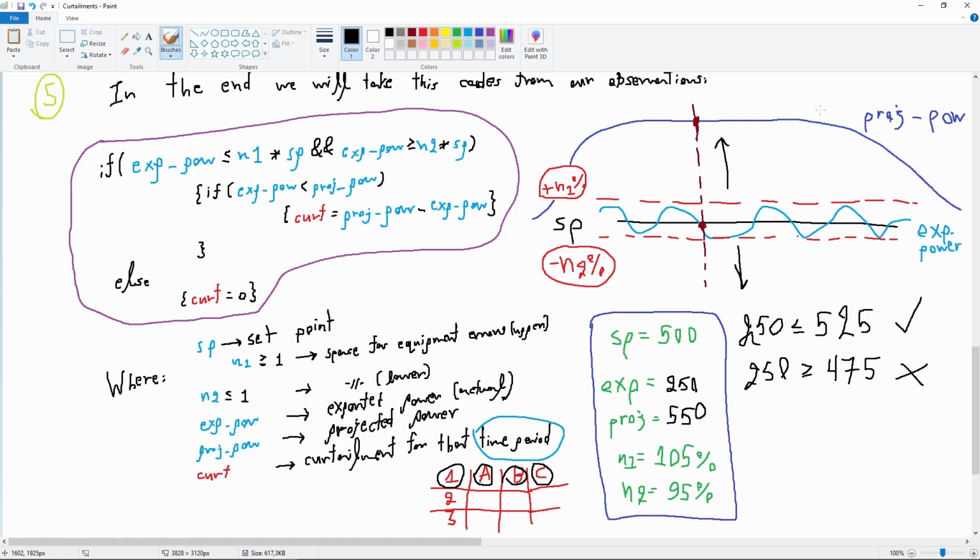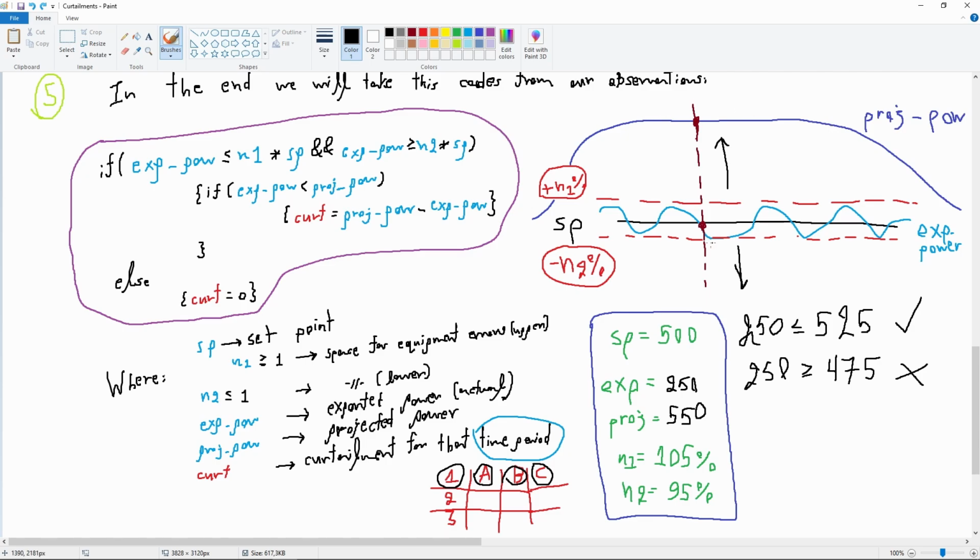It says this: if I have a set point and my exported power is very close to this set point, and of course if I have a difference in projected power and exported power, if I were to export more power than I actually do, and there is a set point which I'm close to, then there was curtailment, and the curtailment was this difference, this surface area.